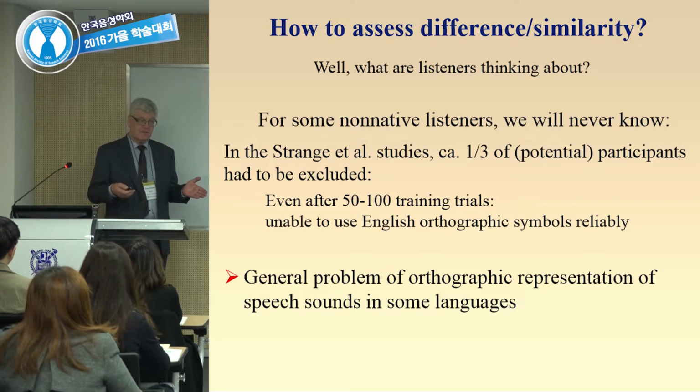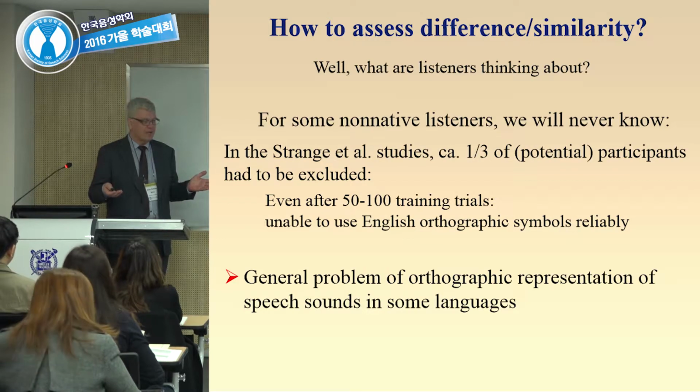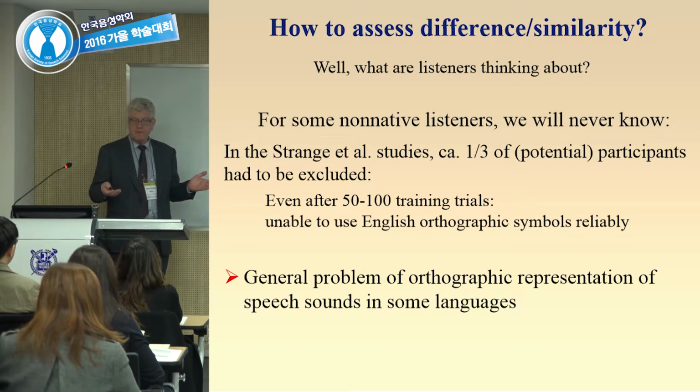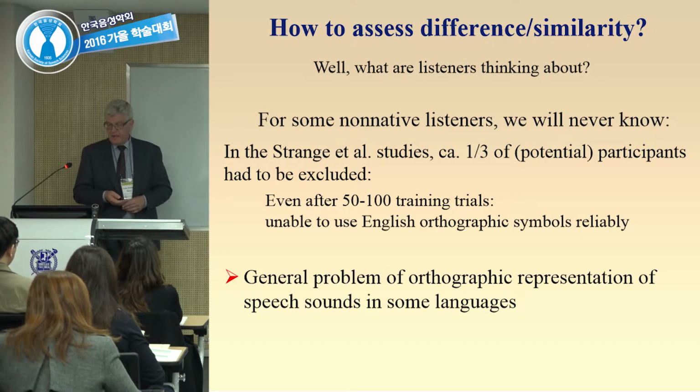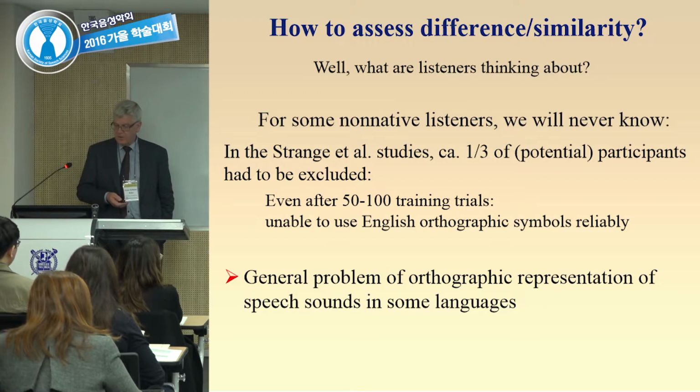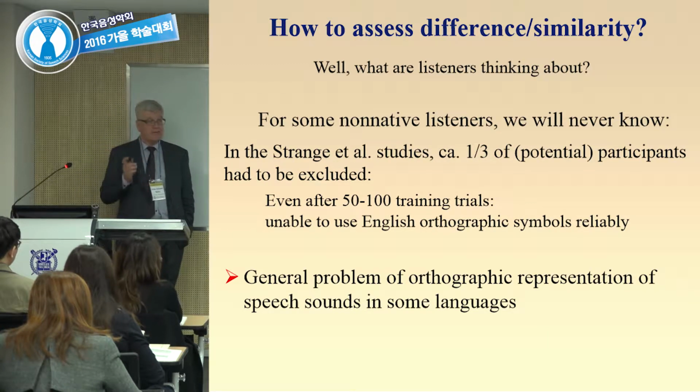For native speakers of English, your orthography just is really, really bad, okay? So even intelligent people have problems with that, so we had to discard data from 1/3 of the participants after many training studies. So this is a general problem of the orthographic representation of speech sounds in some languages.